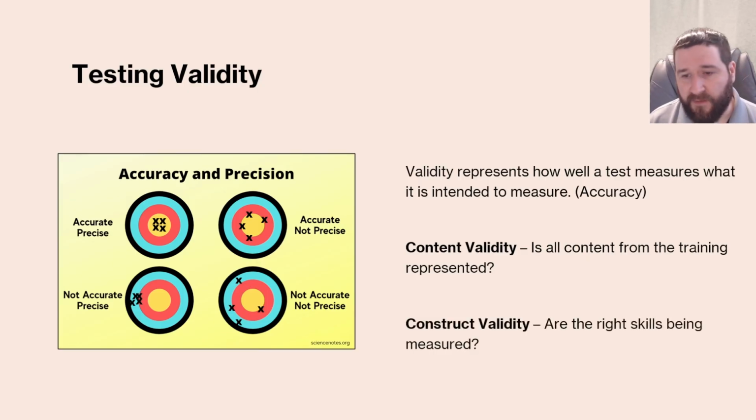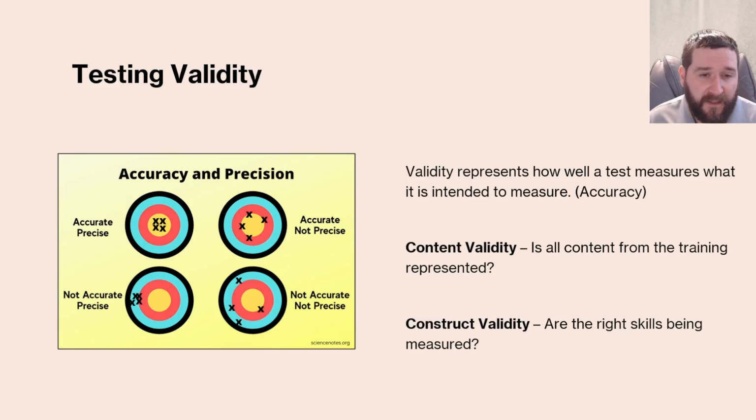Also, there's construct validity, where we're asking, are the right skills being measured? Are we measuring that learning standard that we're intending to, or are we actually measuring something else? Or maybe something's getting in the way of that measurement. That's really common in my background as a math teacher, where we're trying to measure an algebra concept, but really fractions are getting in the way of the entire concept, and students can't get past that part.